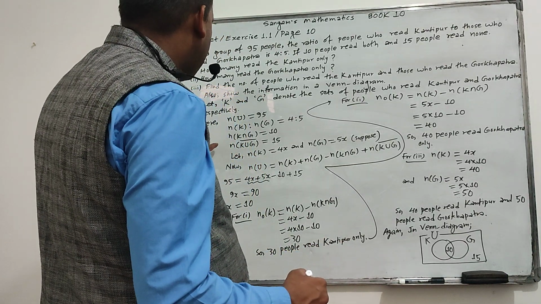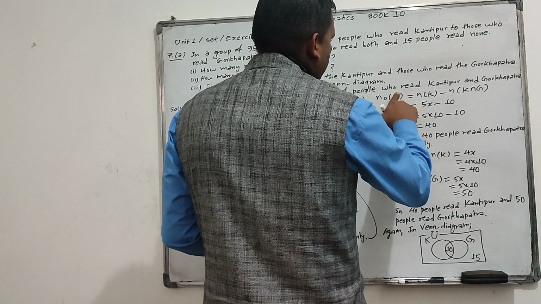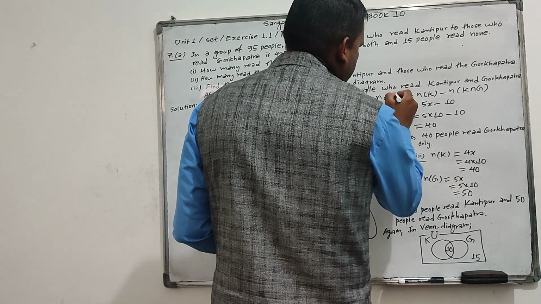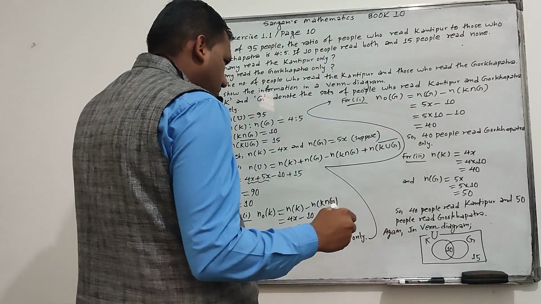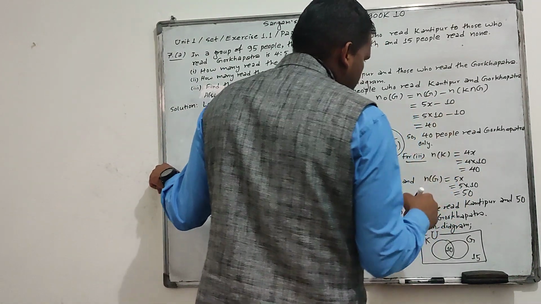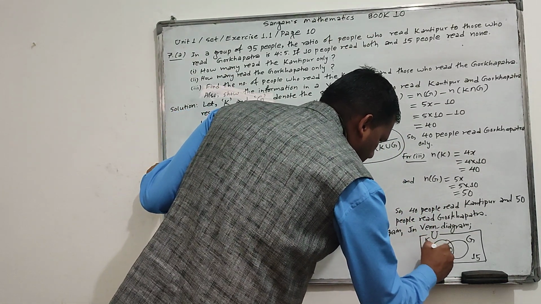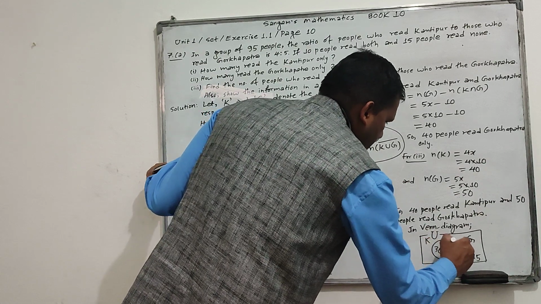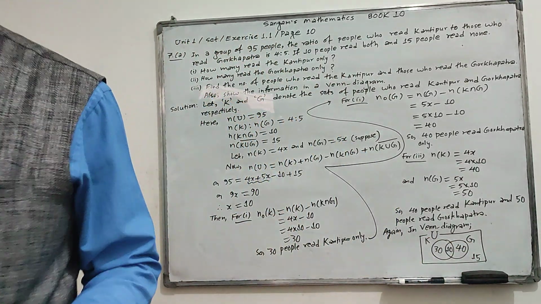Second, Gorkhapatra only, n naught G equal to n G minus number of K intersection G. So n naught K is 30, n naught G is 40. This is the required Venn diagram.